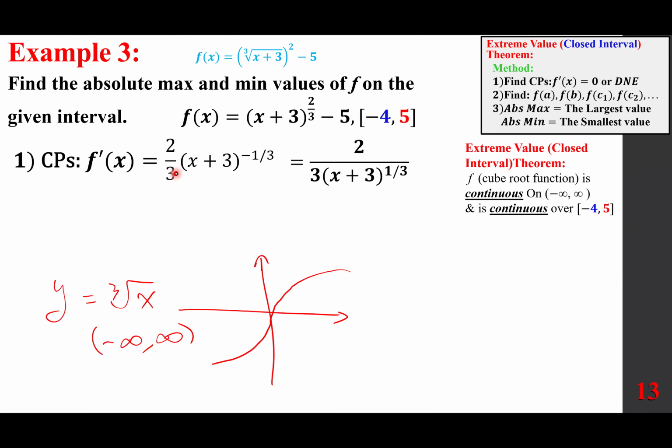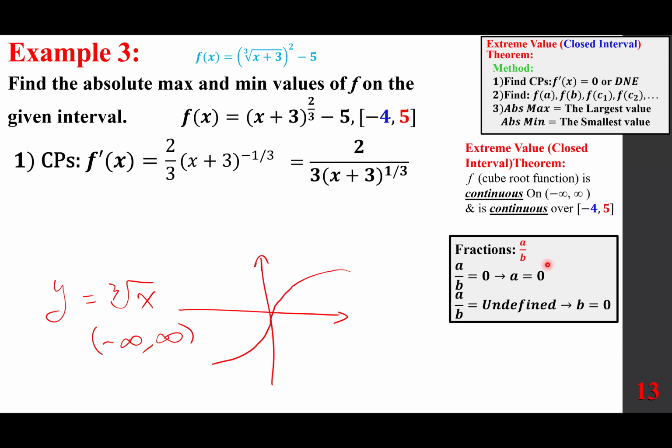Now, we want to find where f prime equals 0 and where f prime doesn't exist. We notice this is a fraction. A fraction a over b is 0 when a is 0, and it's undefined or does not exist when b is 0. So when the numerator is 0, the function is 0. When the denominator is 0, the function is undefined.